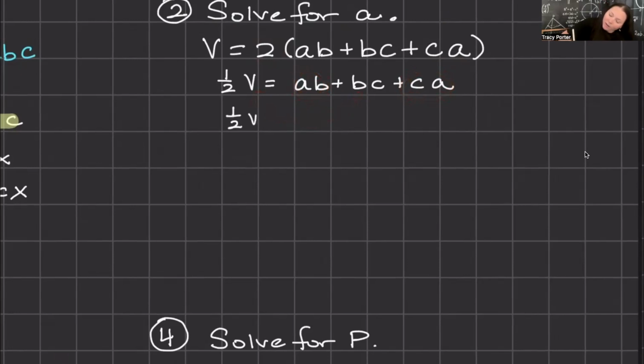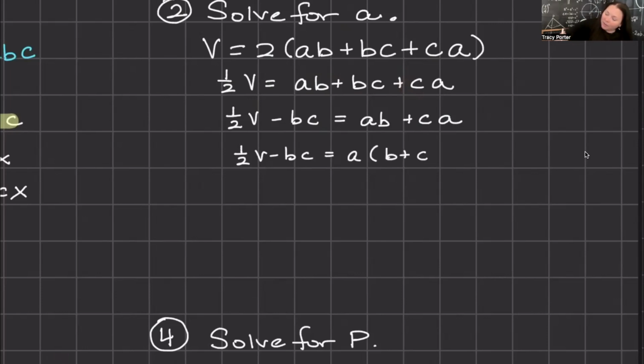So you have 1/2 V minus BC, and then that's going to be equal to AB plus CA. So we'll do the same thing, factor out the A. We could flip the whole equation, if you will. We can just do it at the end, whichever, if we like to have the convention of having the A on the left, right?